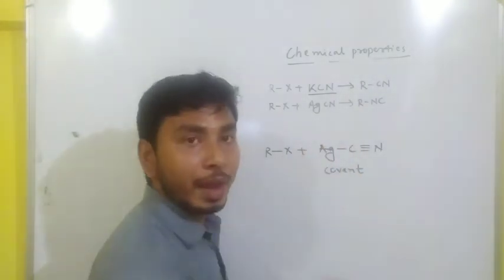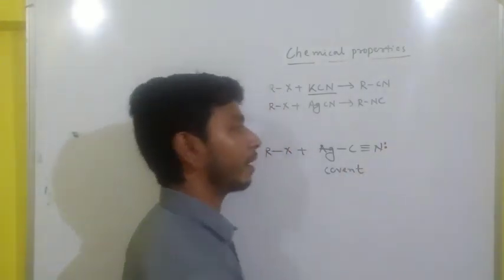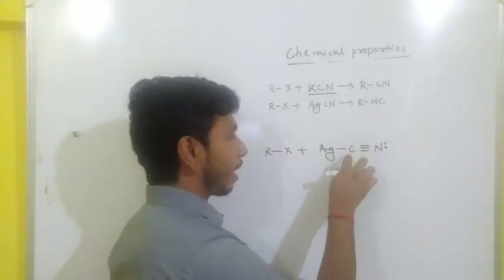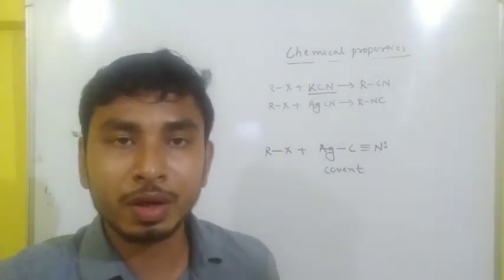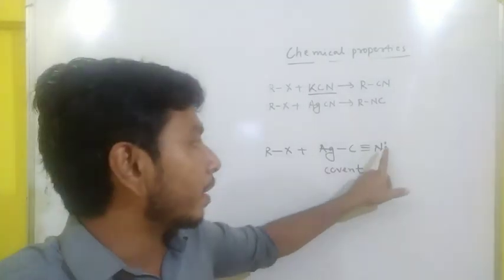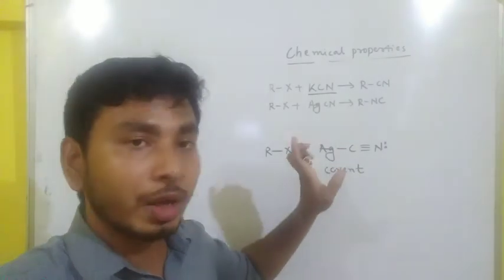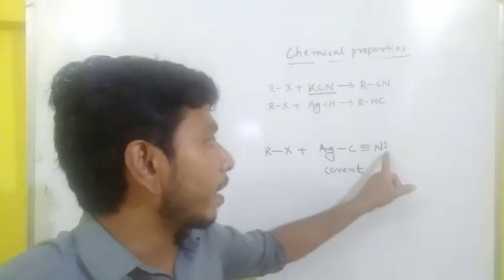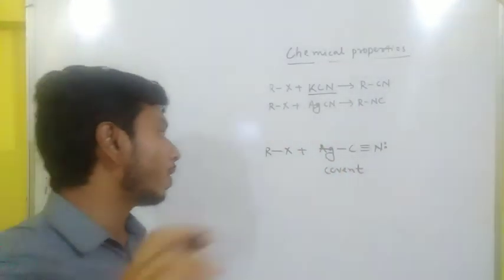Carbon does not have any electron pair, but nitrogen has an electron pair. So with AgCN, carbon is not rich in electrons. Only the nitrogen is rich in electrons, because nitrogen has a lone pair of electrons.